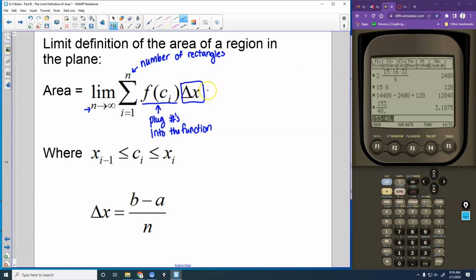And this delta x, that's your change in x, that's your width of the rectangles. As you have more and more rectangles, what happens to the width of each rectangle? Smaller and smaller. So that delta x, your width of your rectangles, is going to be the length of your interval divided by the number of rectangles, divided by n for that.